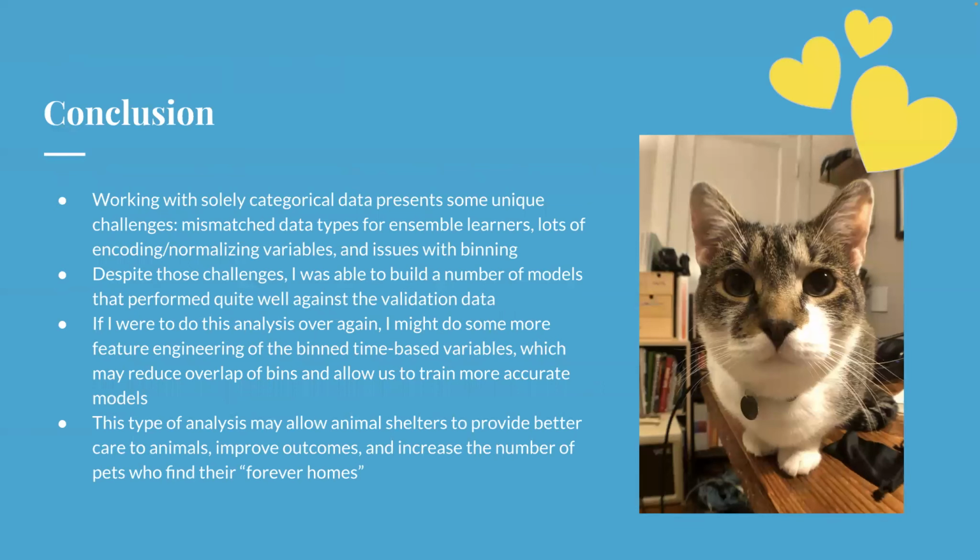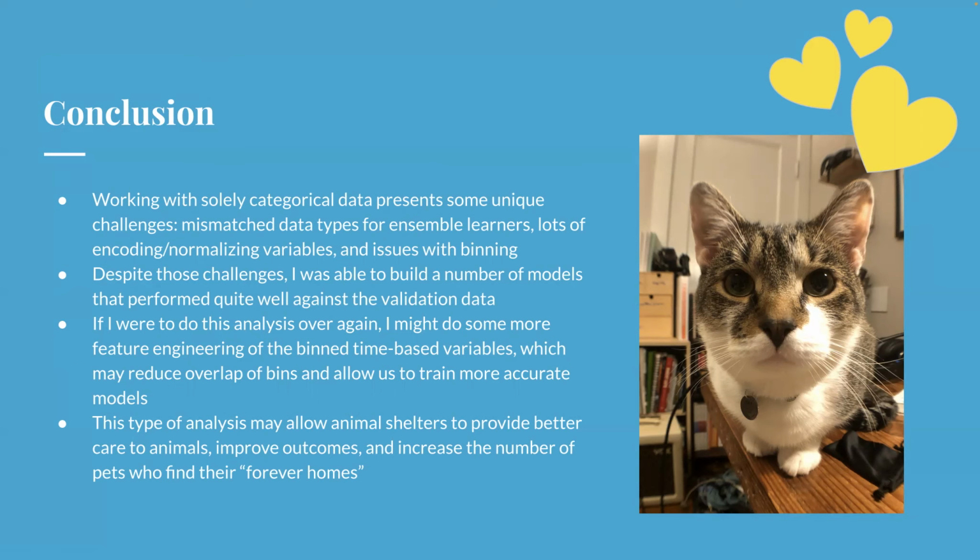And so in conclusion, working solely with categorical data presents some unique challenges. You are going to have to do a lot of encoding, a lot of data prep for things like ANN and SVM models. You can't do regression on categorical data, so you have to stick to classification modeling.